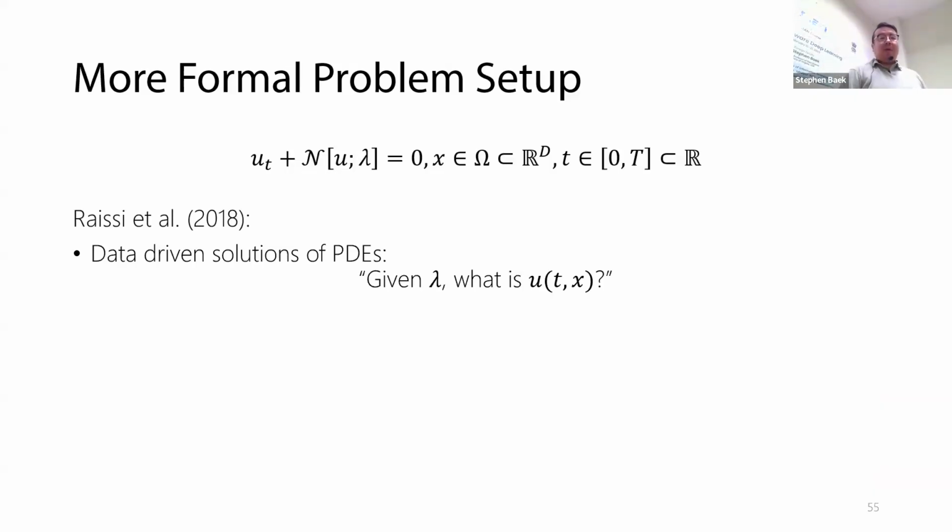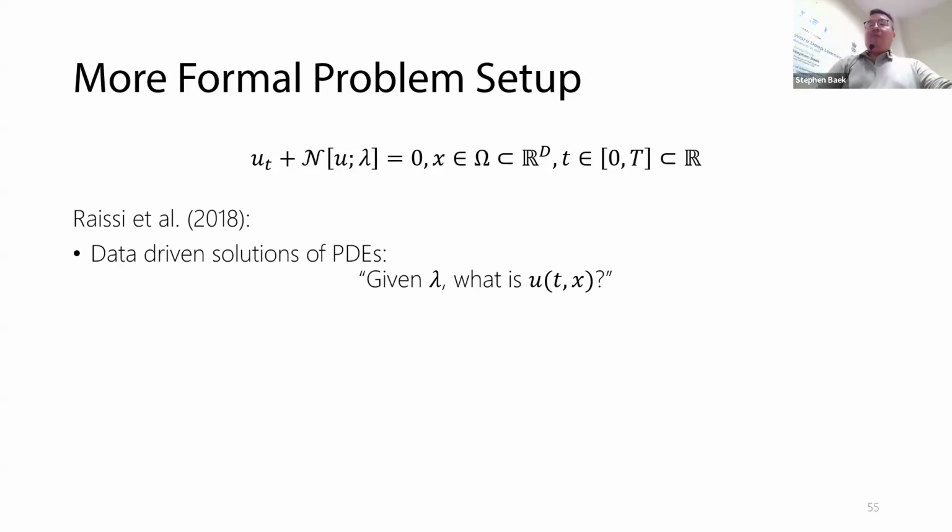All right, so Raissi et al., those are the people who first proposed the physics-informed neural network back in 2018. And their actual PINN paper is comprised of two parts. So there are two separate papers, part 1 and part 2.